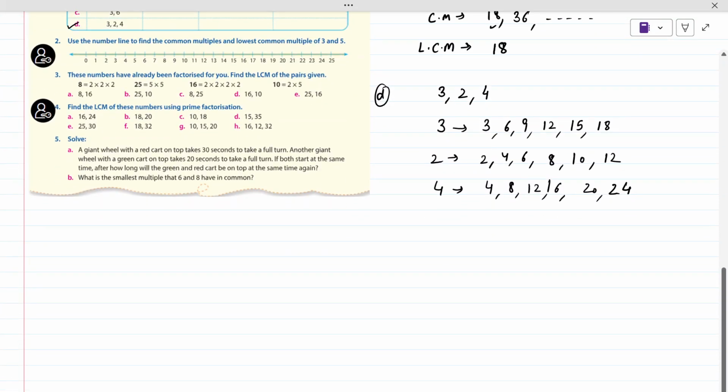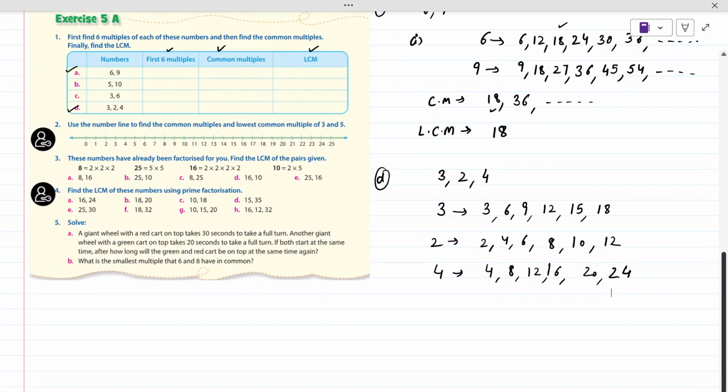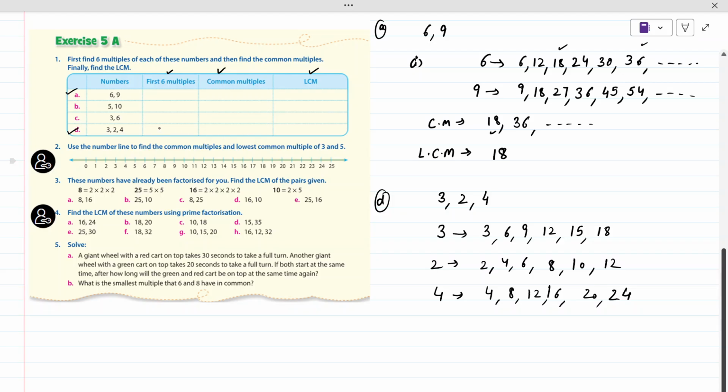Now, after the first 6 multiples are done, we have to find the common multiples. So what are their common multiples? Among these, we don't have 3 here, we have 6, but we don't have 6 here. So the first common multiple of these numbers is 12. So I am writing 12 here.